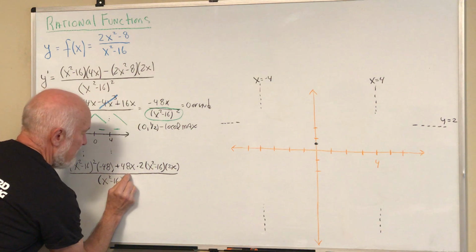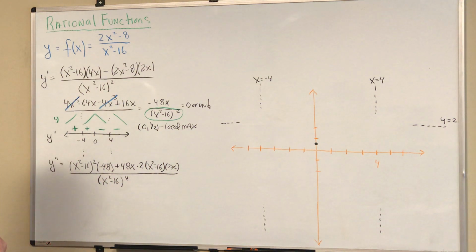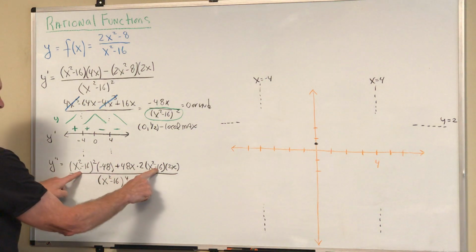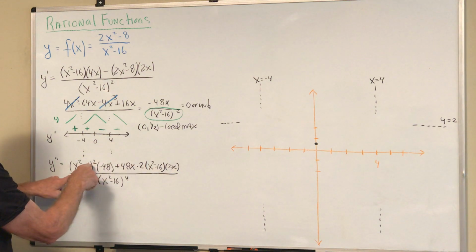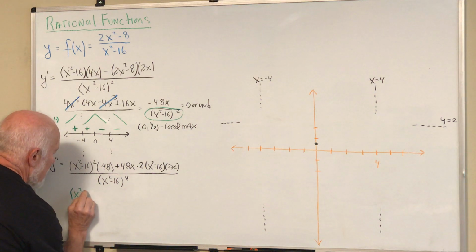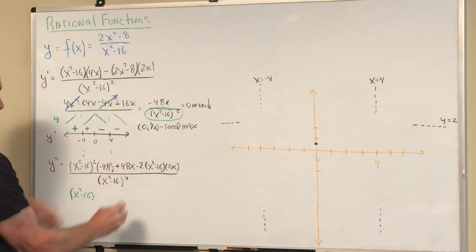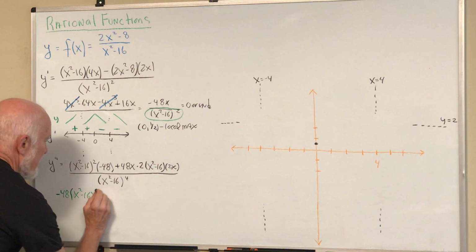You can see why these are a little bit messier than the functions we've dealt with before. What can we factor out of the numerator? Well, I've got an x squared minus 16 and an x squared minus 16. The lowest factor is to the first power, so I can factor out an x squared minus 16 to the first power, and there's a 48 here and a 48 here. I'm going to factor out a negative 48.